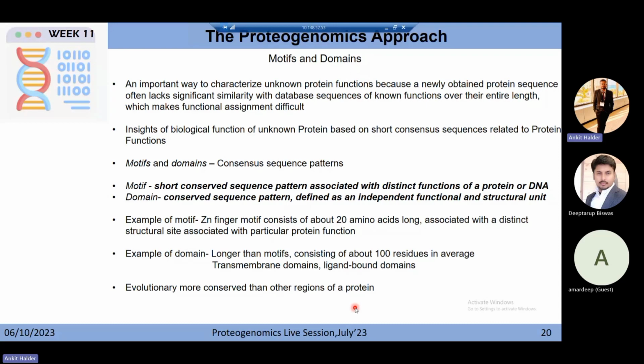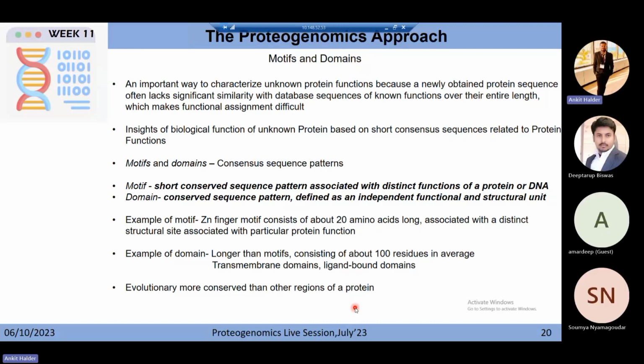So now you can understand why studying domains and domain interactions helps us identify proteins. If two proteins have the same or similar domains, then they would definitely have certain interactions or be closely associated, because domains are the evolutionarily most conserved regions of the protein.